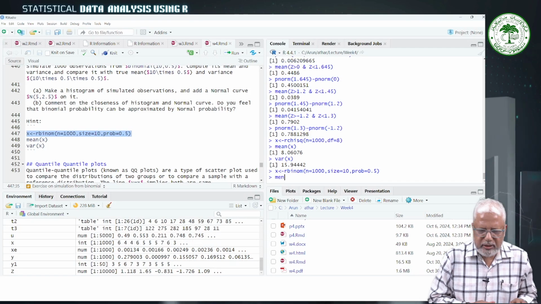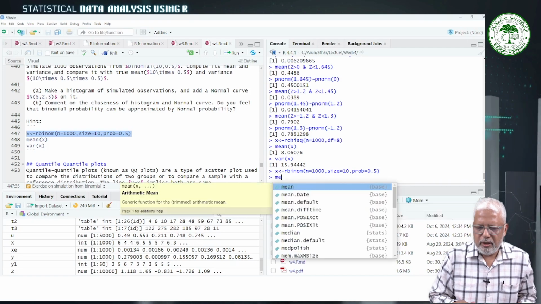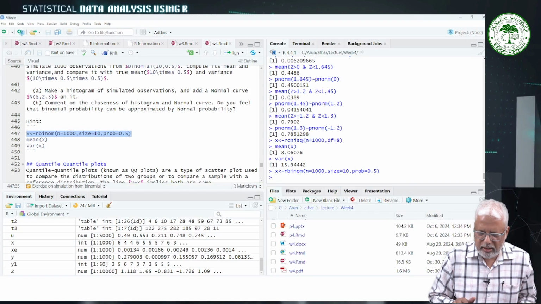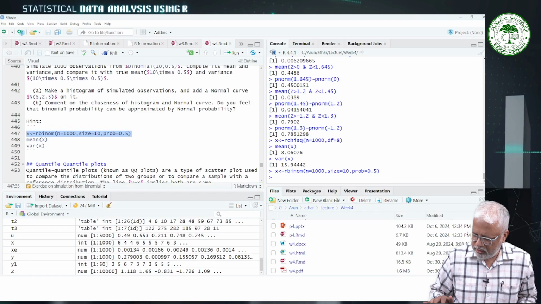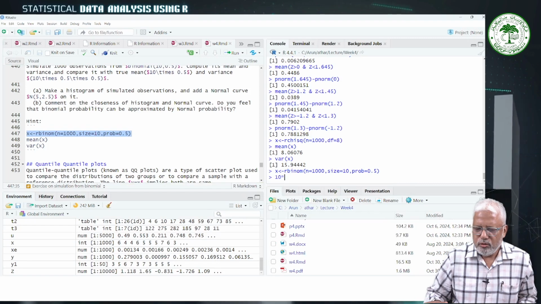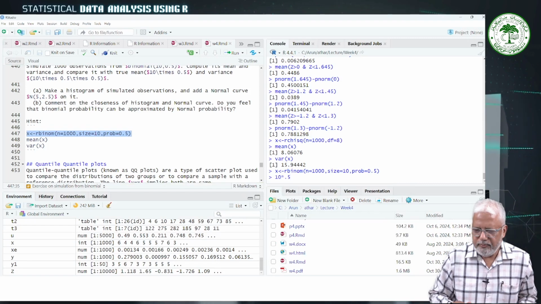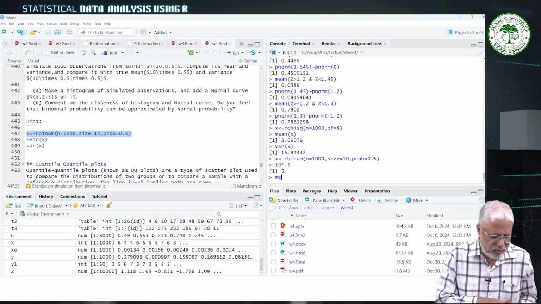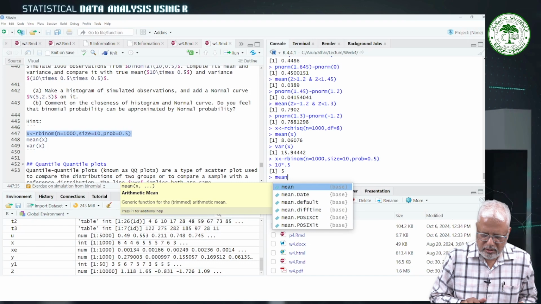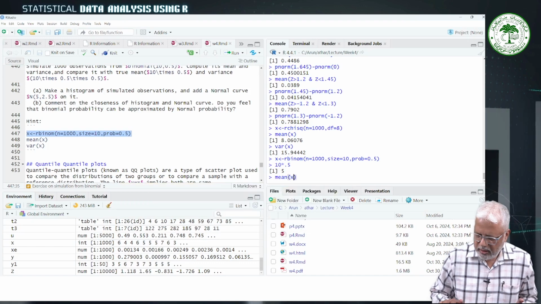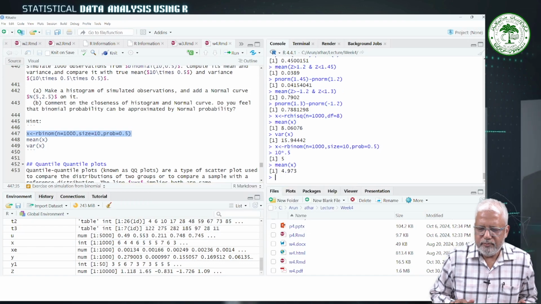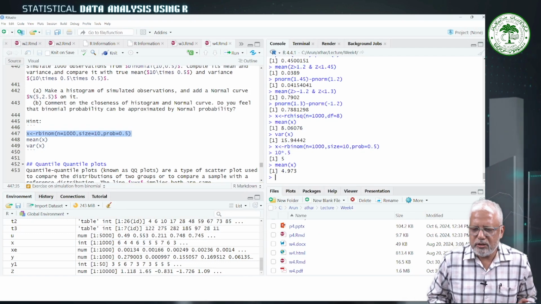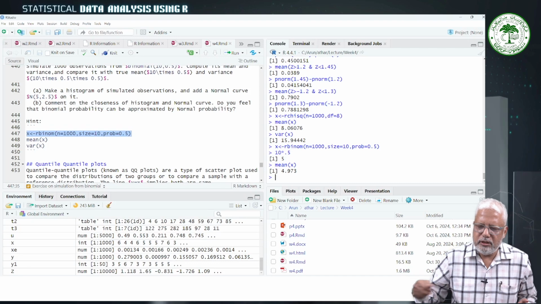Now, what should be the mean? The mean of a binomial is equal to 10 into 0.5. So, it should be around 5, and see what mean you get. Mean of x, it should be around 5. So, it is 4.97. So, that means simulation results match with the exact result.